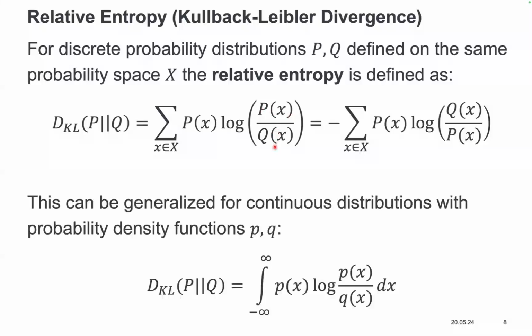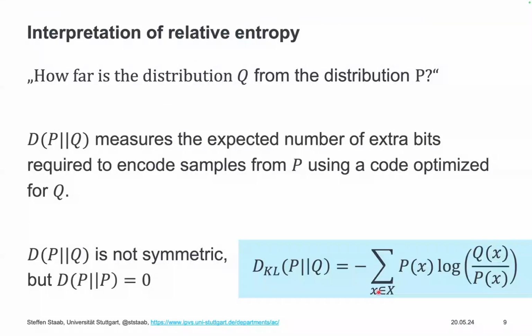And it can also be generalized, actually, like also the other formulas for entropy and cross entropy can be generalized to continuous distributions by summing over infinitely small values x. So relative entropy or Kullback-Leibler divergence answers better the question, how far is the distribution Q from the distribution P?